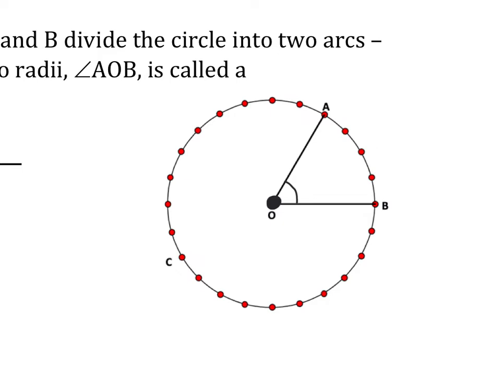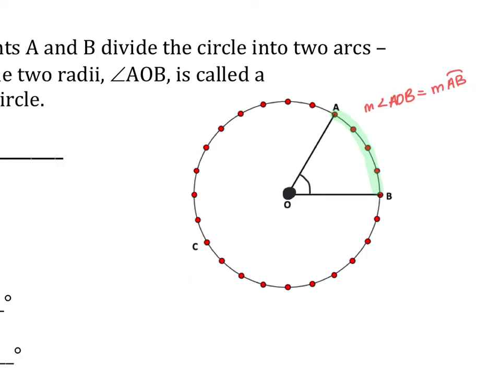So let's highlight the intercepted arc. So angle AOB is equal to arc AB. So let's write that down, that the measurement of angle AOB is equal to the measurement of the arc AB. So the arc is measured in degrees just like the angle is measured in degrees.